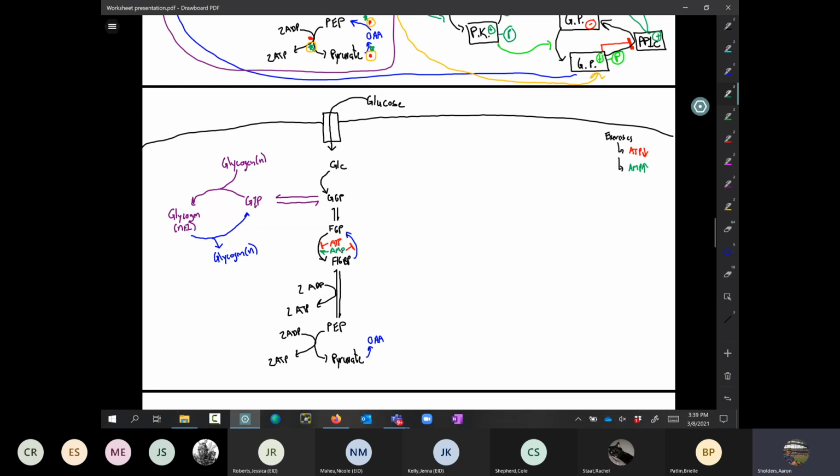First of all, AMP concentrations go up. That's going to lead to increased fructose 6-phosphate concentration that's going to feed forward and activate this, which is going to lead to more pyruvate production. So glycolysis is all of a sudden going to really take off when you start to exercise.